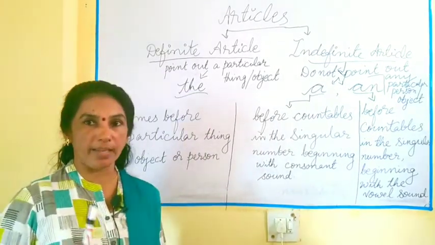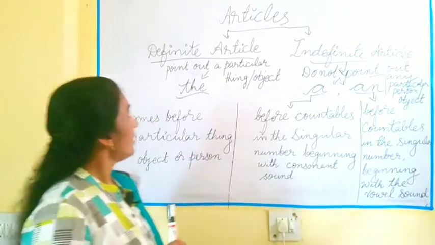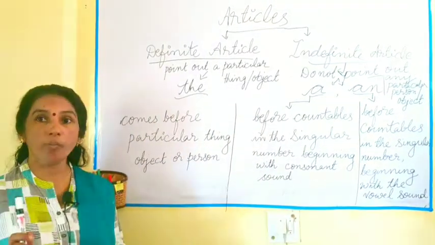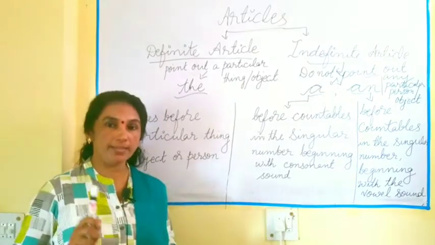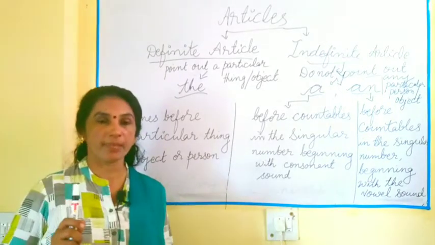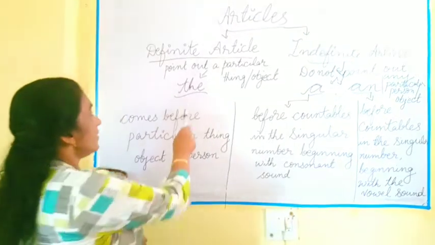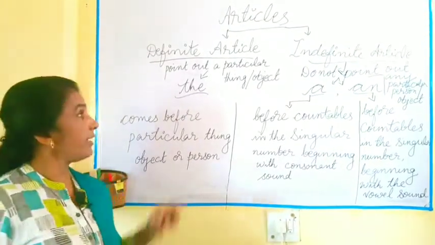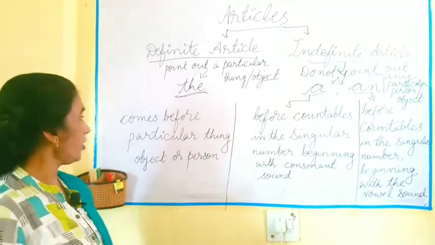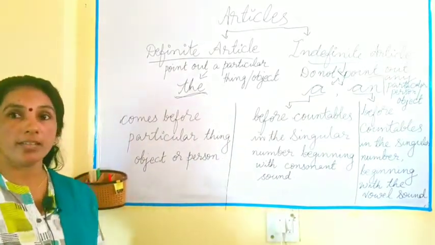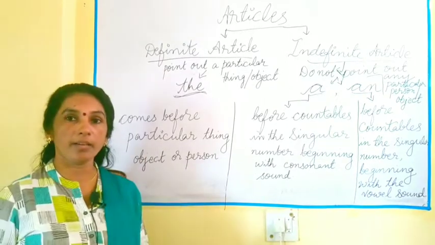Definite article means we use the definite articles to point out a particular person, animals or objects. That is, the definite article is the, and it is used before a particular thing, object or places.